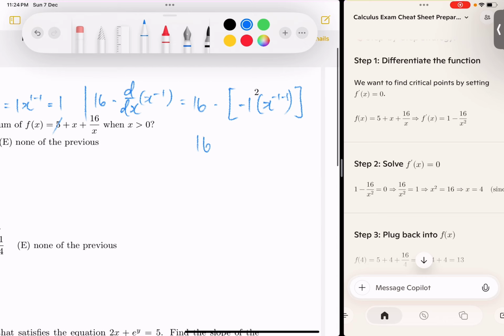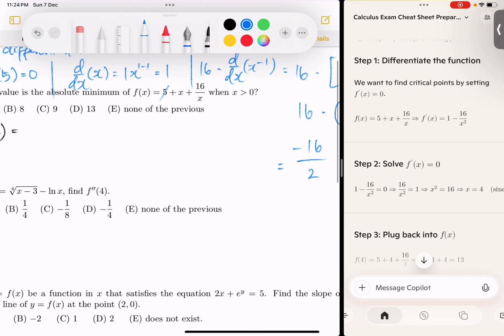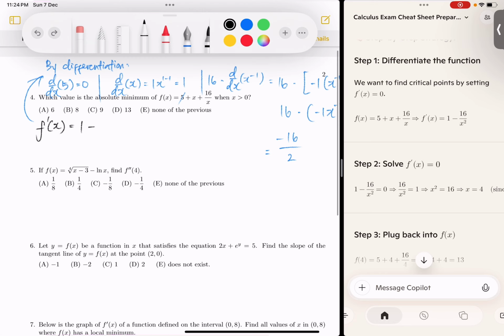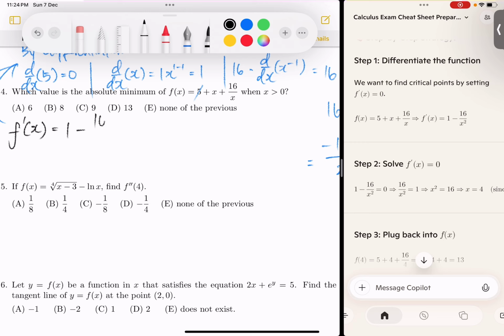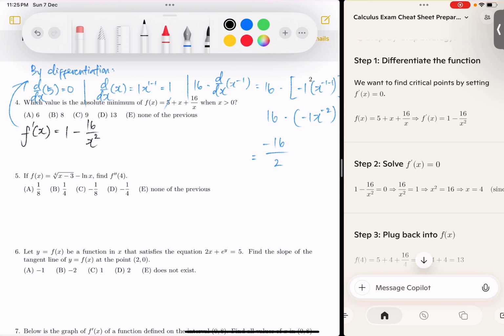So 16 will be multiplied by negative 1 x to the negative 2, so it will become negative 16 over x squared. We've already differentiated. That will be 1 minus, because it's no longer plus, it's negative now, 1 minus 16 over x squared. That will be the differentiation.